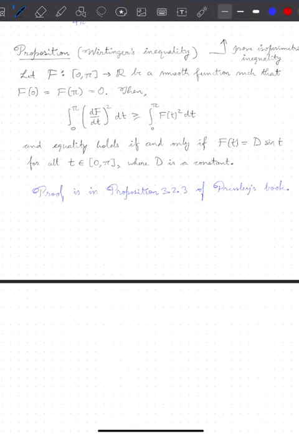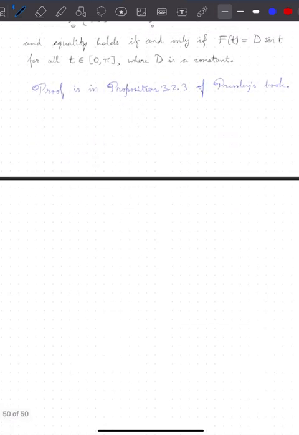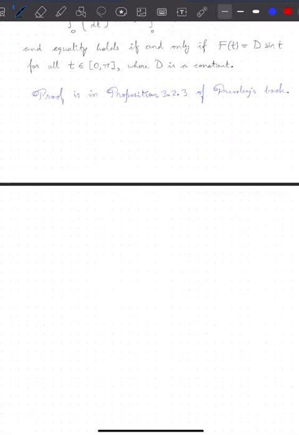And finally, the theorem that we are going to discuss today is what is called the four vertex theorem.